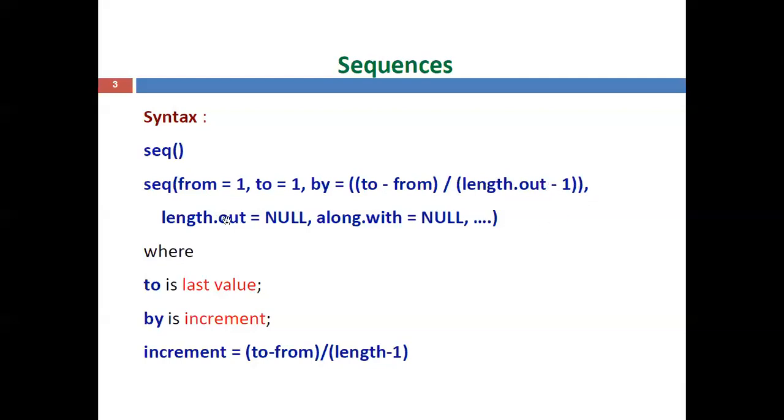Then another argument, length.out, equal to NULL by default, along.with equal to NULL, etc. These are the various arguments presented in the sequence function. Here to is the last value, by is the increment value, calculated as to minus from divided by length minus 1. This we already discussed in our previous lecture.